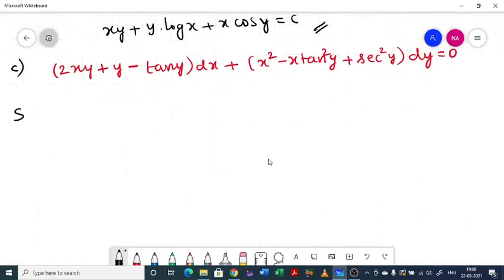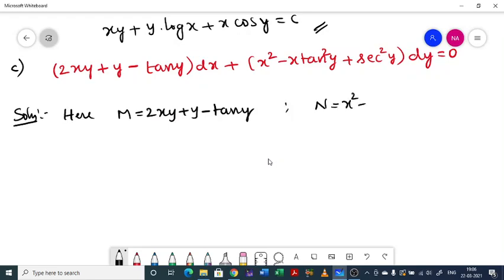Looking into this, you can directly write M and N. Since I am short of time, I am not writing properly, only the main steps. Solution: M = 2xy + y − tan y. Similarly N = x² − x tan² y + sec² y.